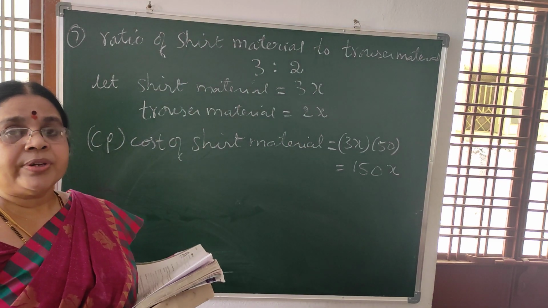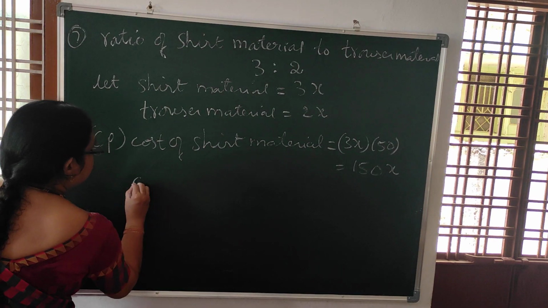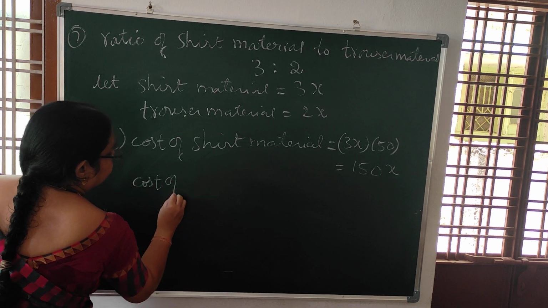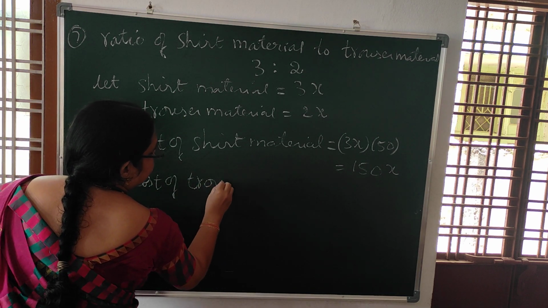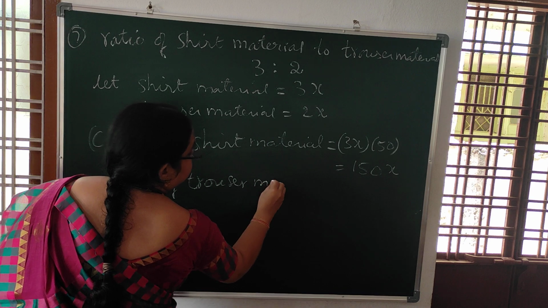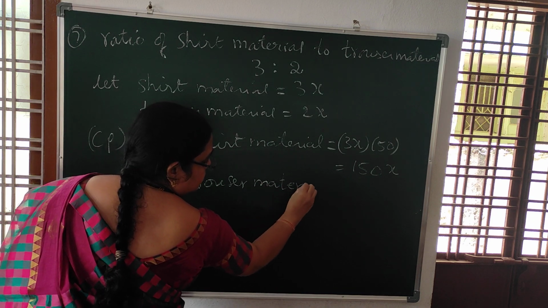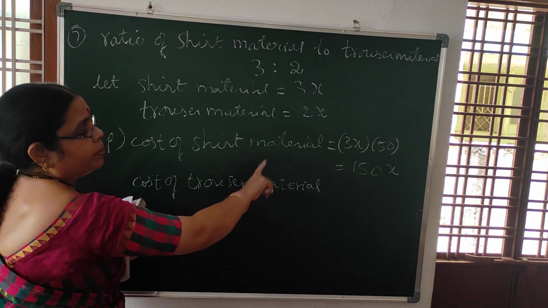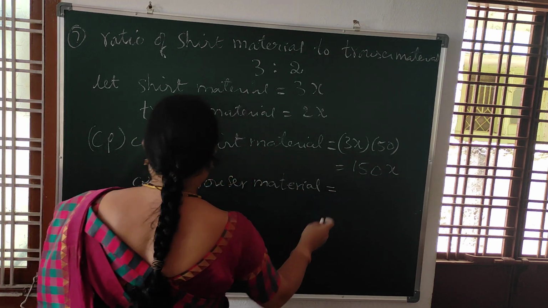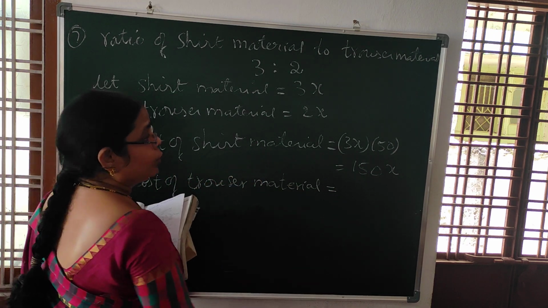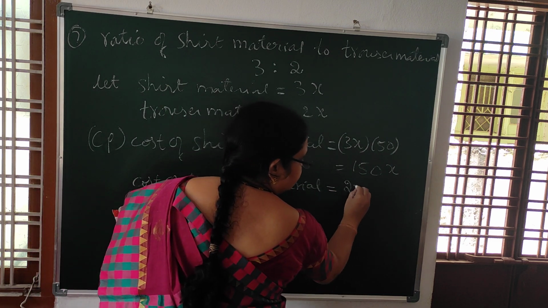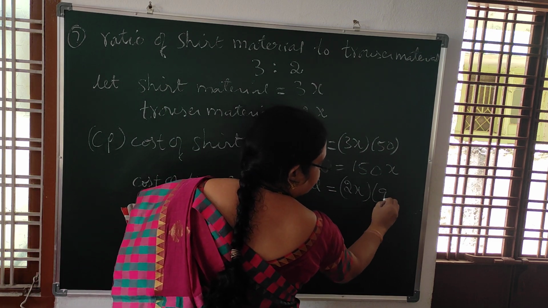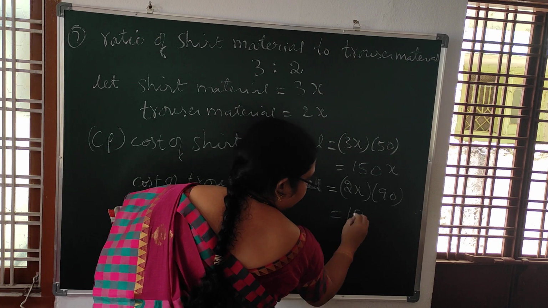This is the cost of shirt material. Next, the cost of trouser material which he bought. He bought trouser material at 90 rupees per meter. He bought 2x meters. 2x into 90 becomes 180x.